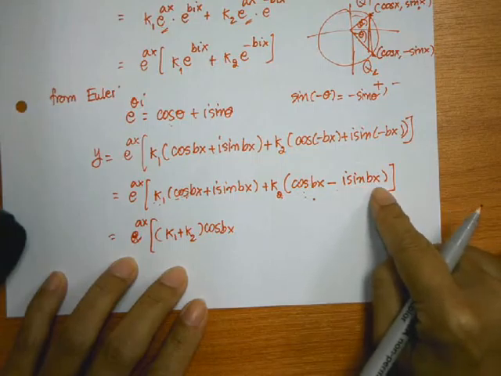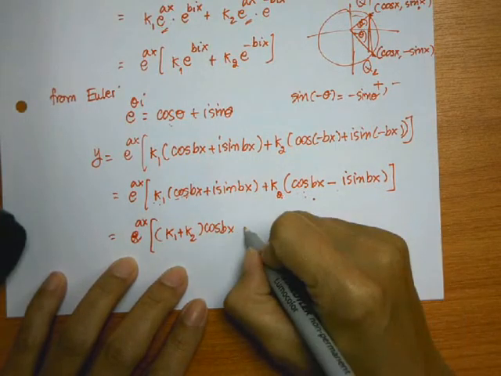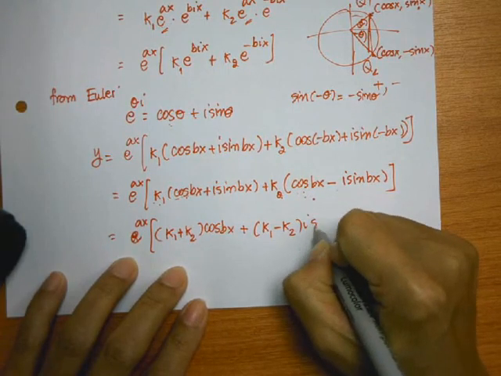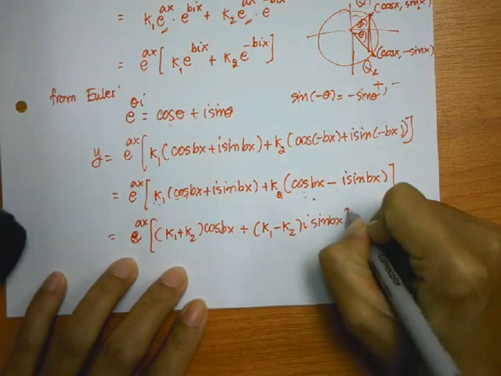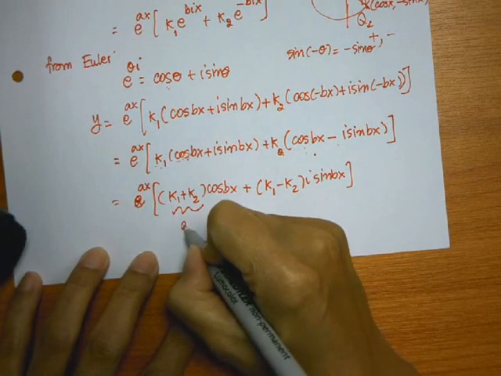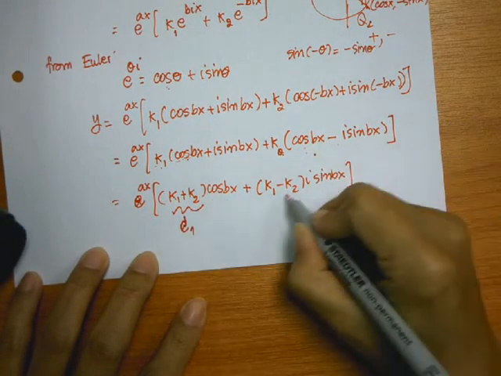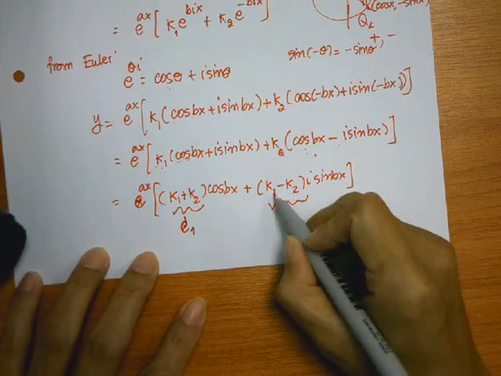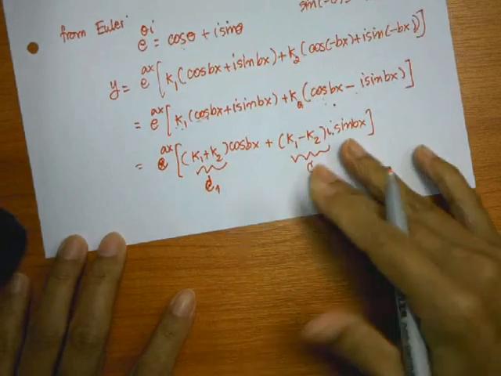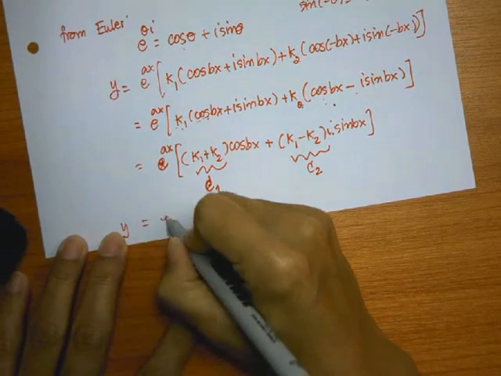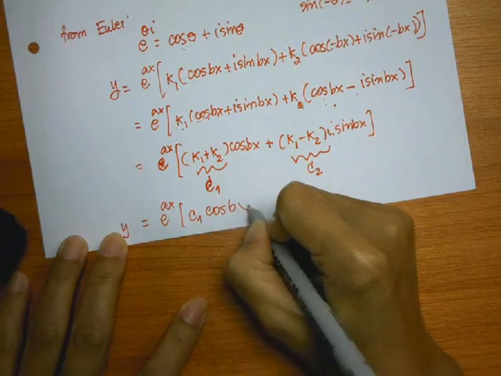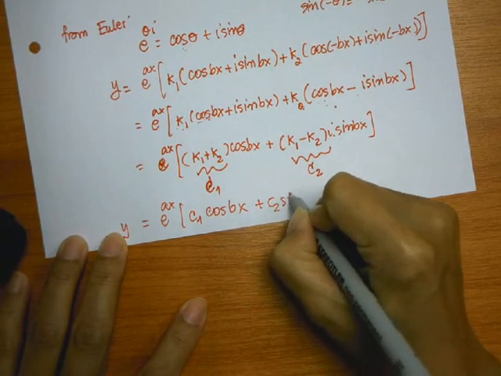We have sin bx, so we put them together and get k1 minus k2 times i sin bx. If k1 plus k2 is c1, and k1 minus k2 times i is equal to c2, then we get y is equal to exponential of ax, c1 cos bx plus c2 sin bx.